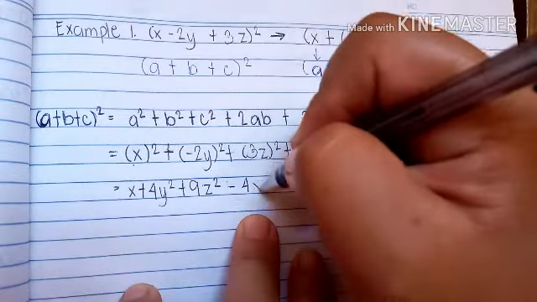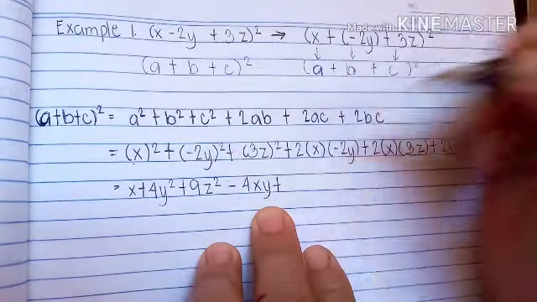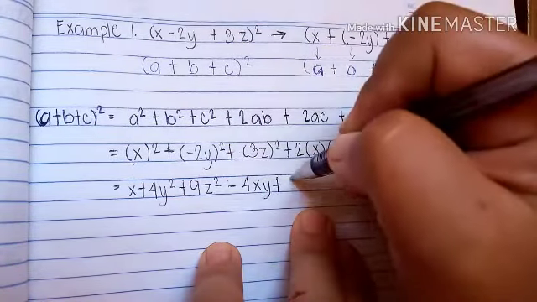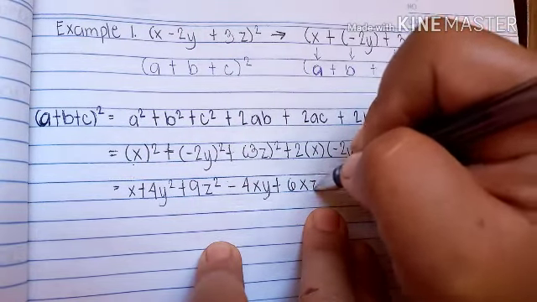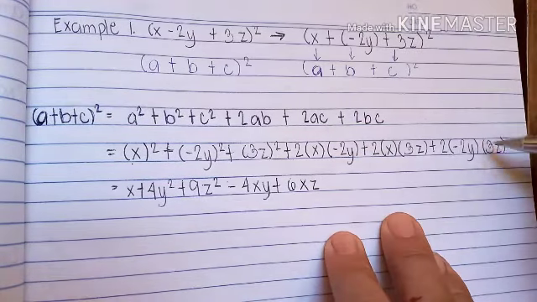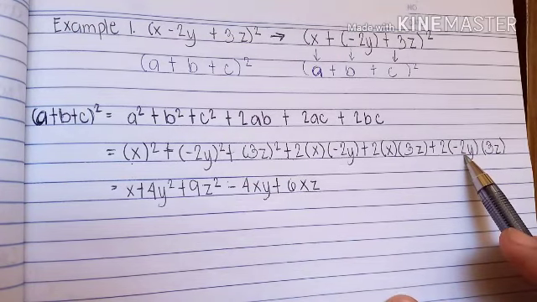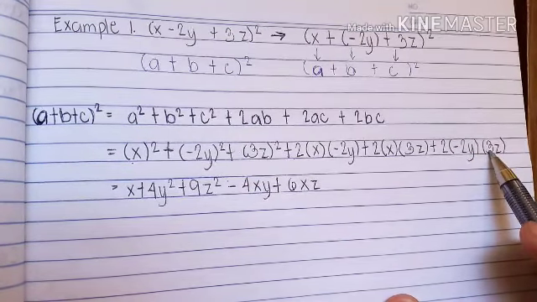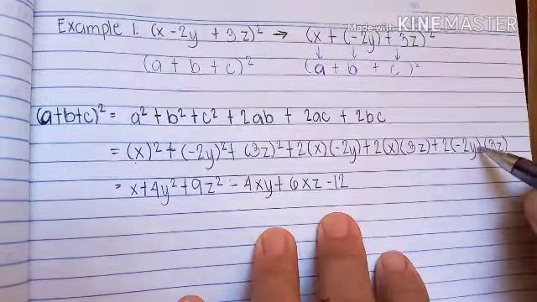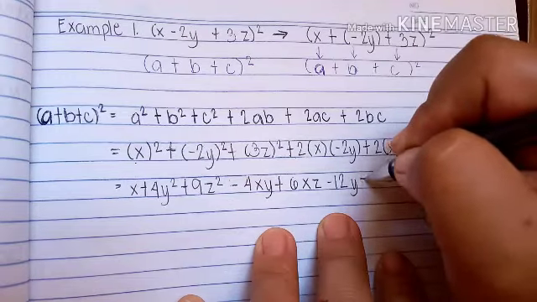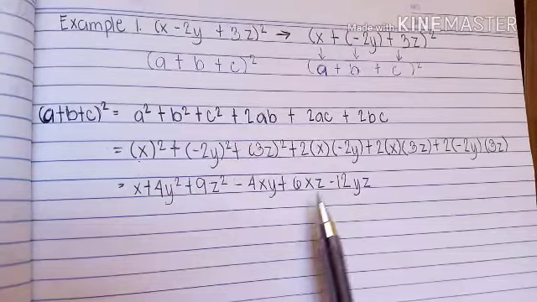X times y is xy. Plus, 2 times 3, that is 6. X times z, that is xz. And we have here a negative one. So 2 times 2, that is 4. Negative 4 times 3, that would be negative 12. And y times z, that would be yz. So that would be our answer for example number 1.